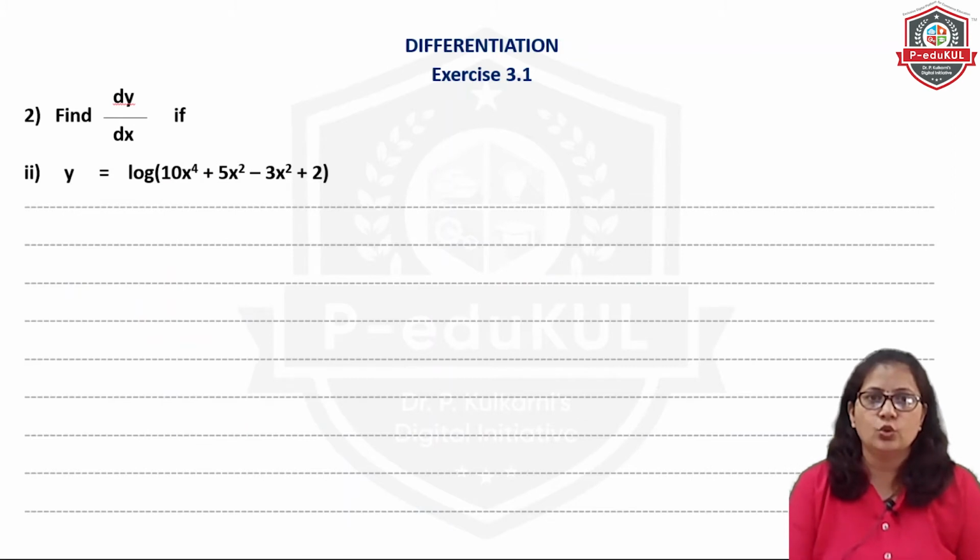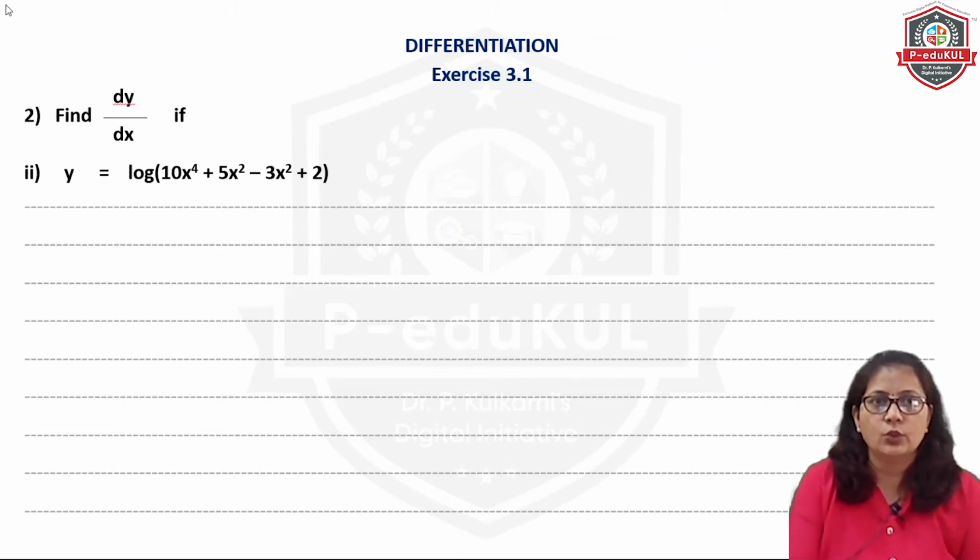So let's see the next example. Now again here are two functions. This is algebraic function and this is logarithmic function. So the logarithmic function has been applied on the algebraic function. So what we can do is we have to substitute first this function as u.